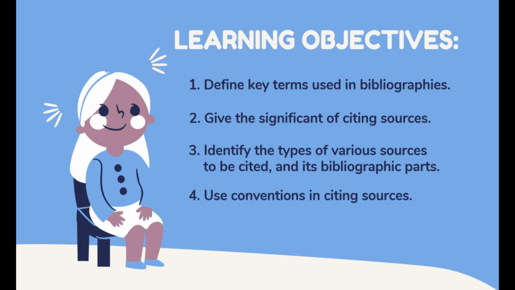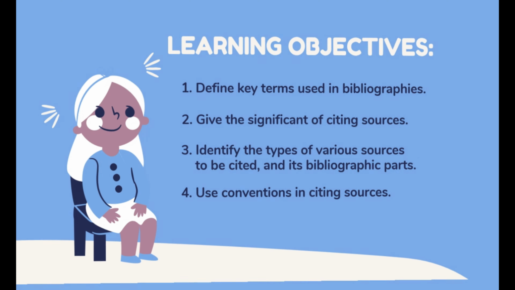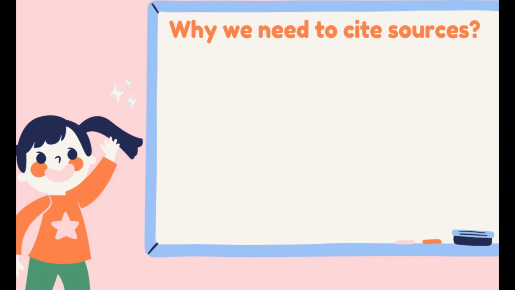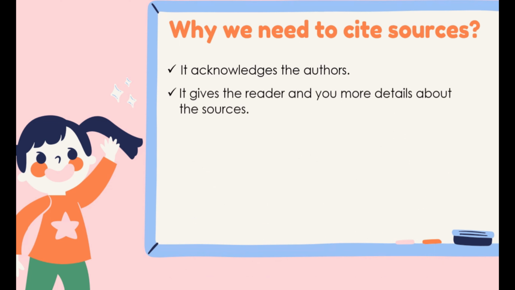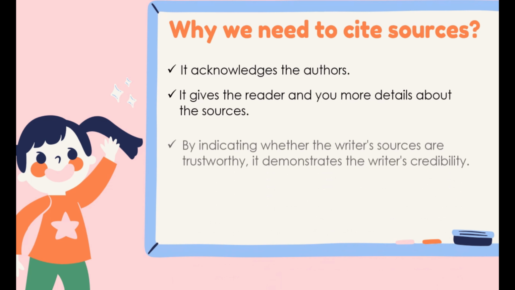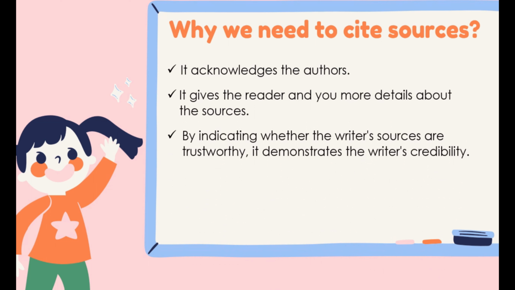Okay, here are some important reasons why we need to cite the sources. The first one is, it acknowledges the authors. It gives the reader and you more details about the sources. By indicating whether the writer's sources are trustworthy, it demonstrates the writer's credibility.